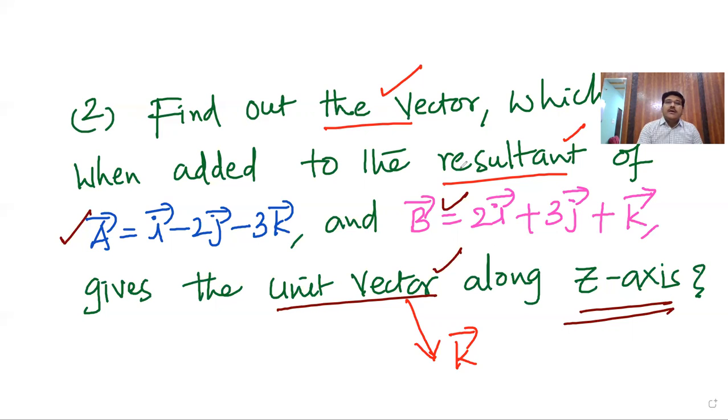The second step, a vector is added to that resultant. The third step is that the entire thing is equated to the unit vector along the axis. And from that, you will finally get the unknown vector. First one is I bar minus 2j bar minus 3k bar, B bar is 2i 3j plus k bar. Clear? Now, let us solve this problem.